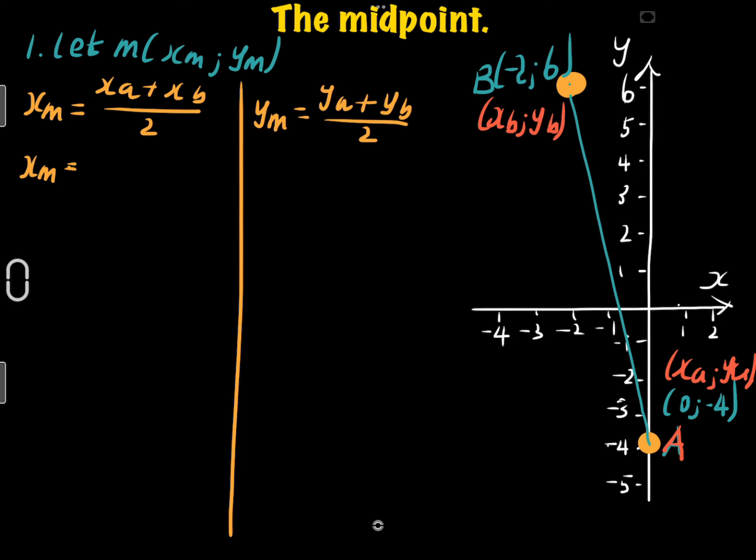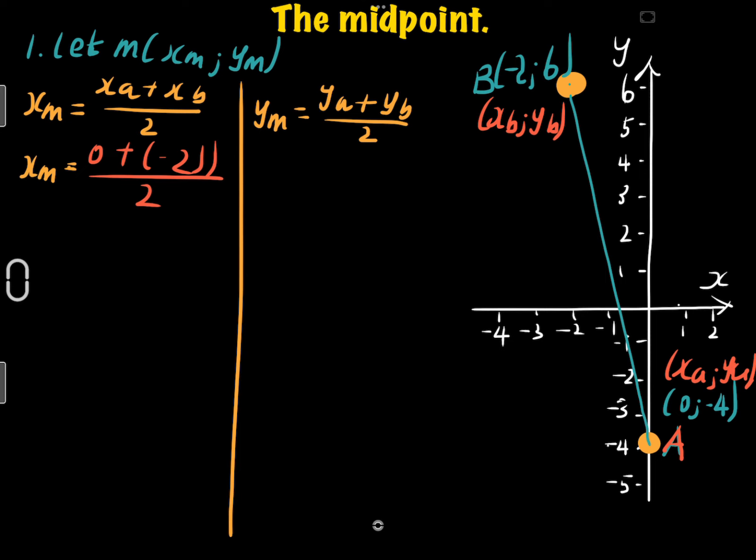Now by substitution using our formula, we first focus on xa, which is 0 on our x-axis. For xb we have -2, and I'm going to put it in a bracket because we need to multiply out.